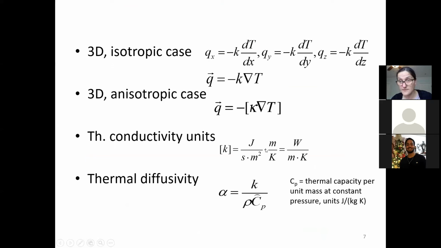These are the units of this energy flux. That's how I got the units of K, thermal conductivity: it's units of this divided by units of dT/dx, and units of dT/dx are Kelvin per meter. So instead of dividing, I'm multiplying by meter per Kelvin.